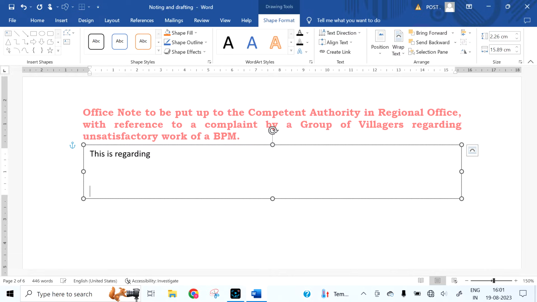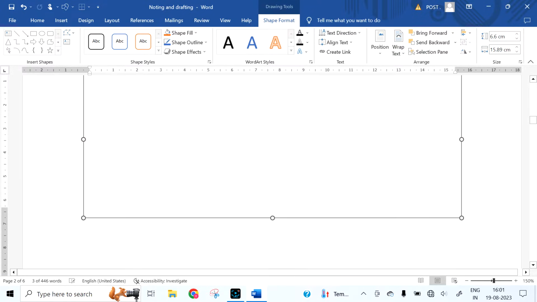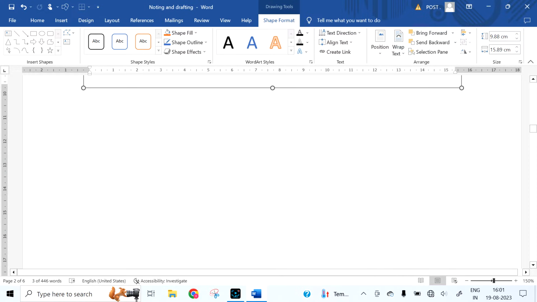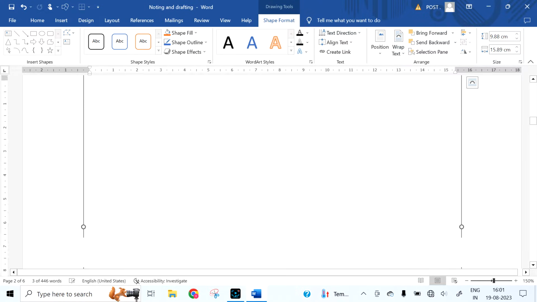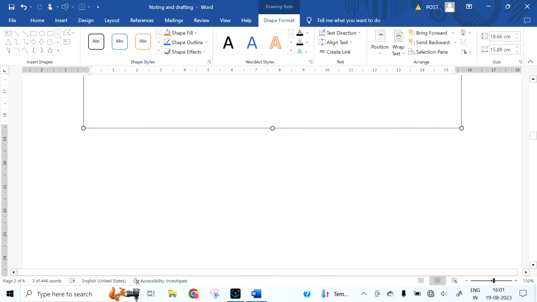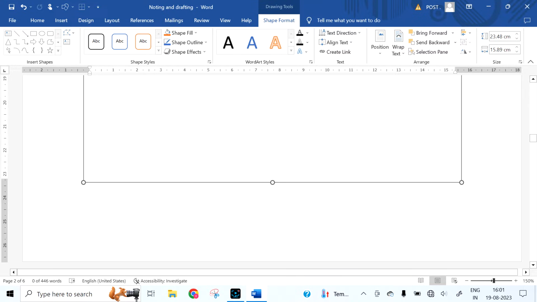And I will drag this one to the end. Usually in the note sheet we have to have margins on the four sides, so I am taking this one with the margins on the four sides. I am dragging this one to the full sheet.